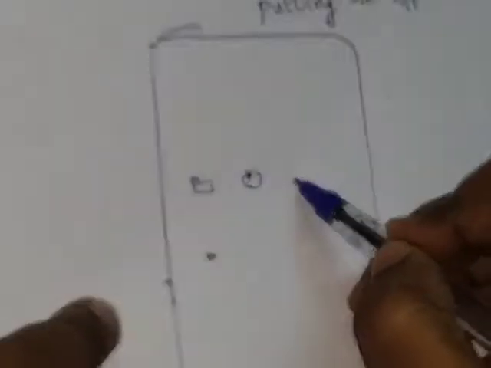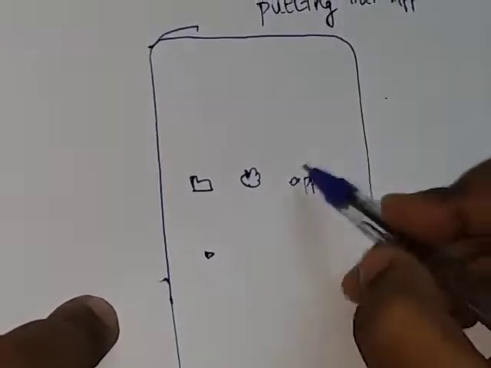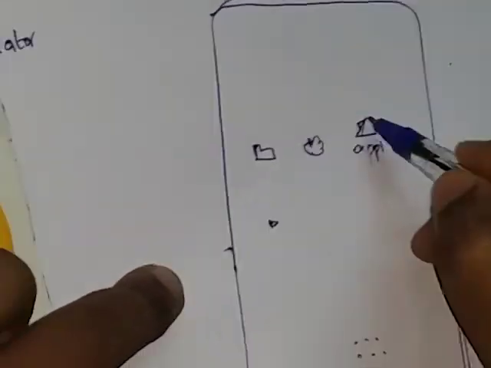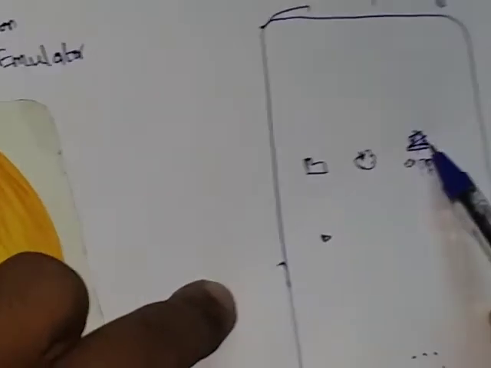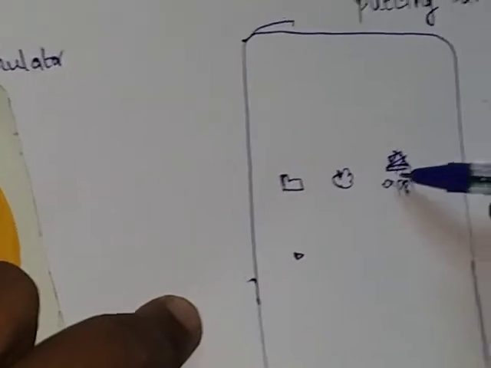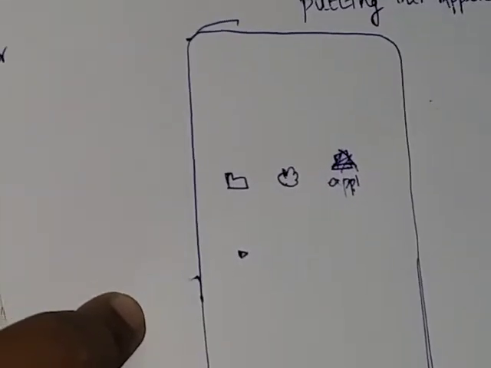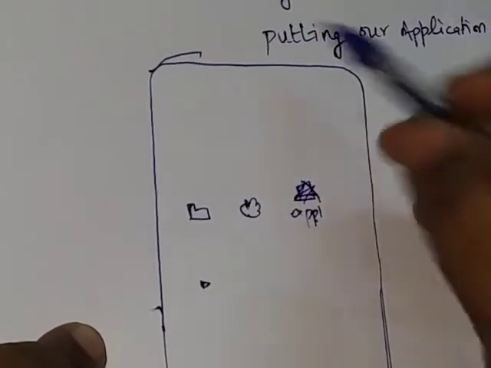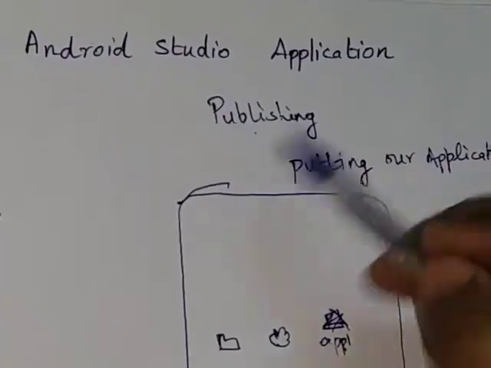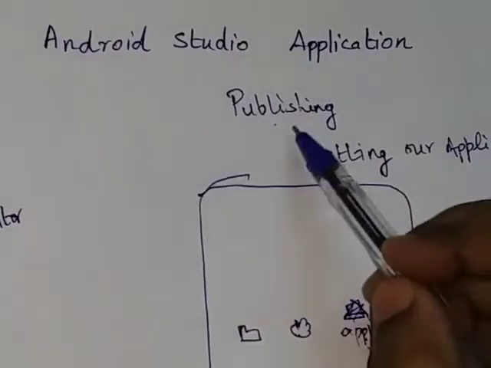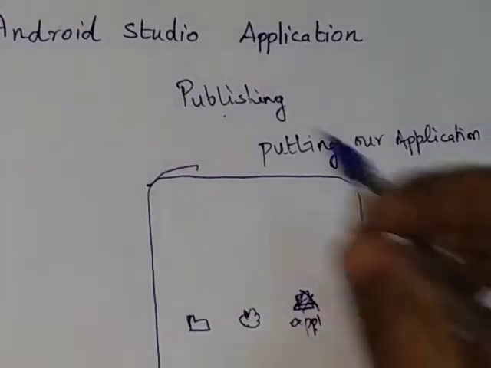Suppose the application we have created should come here. Suppose we have created app 1, and it has some symbol. This application should be downloaded by all. So we want to publish our application so that everyone can use it. That is known as publishing.